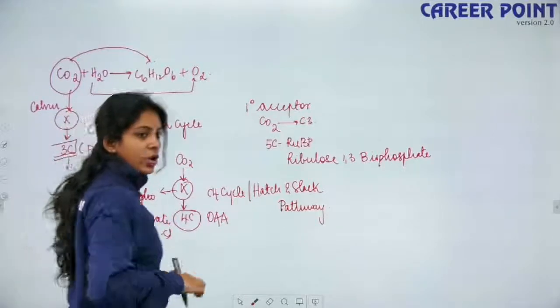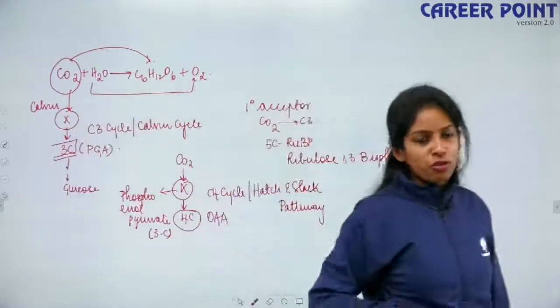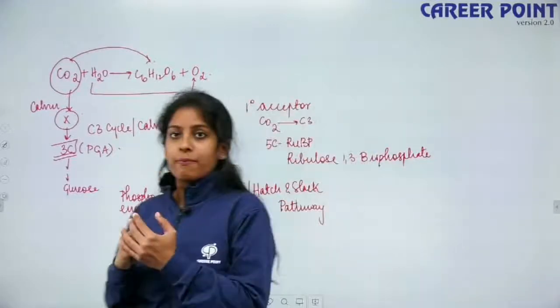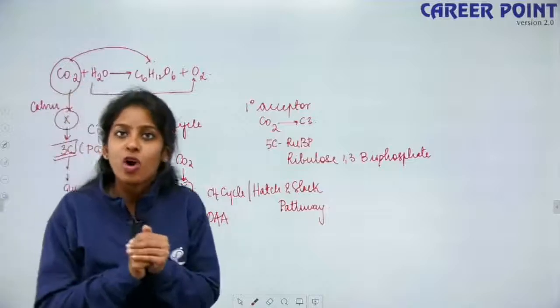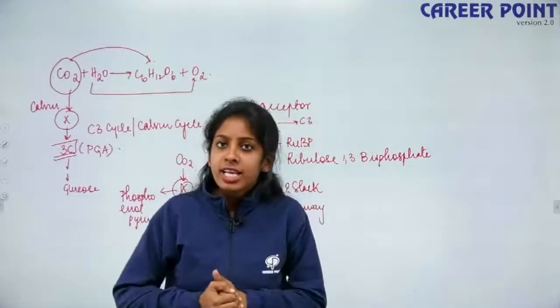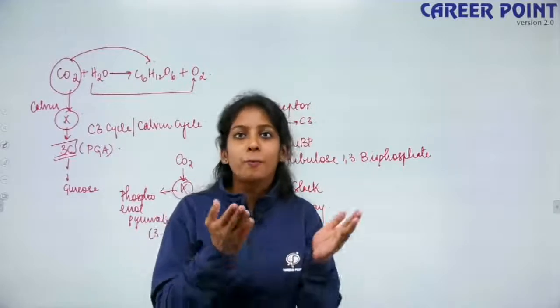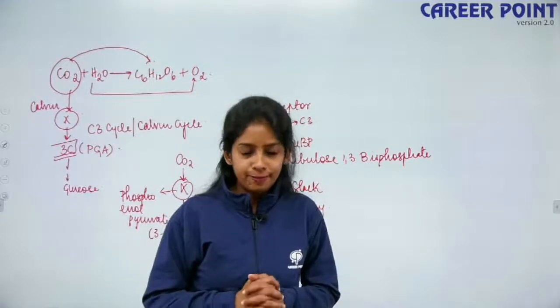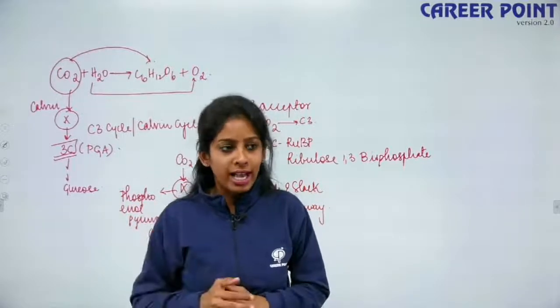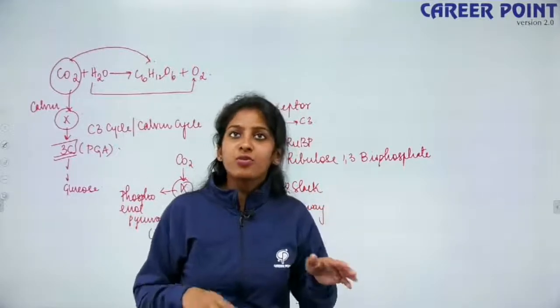So once again, you have two types of plants, C3 and C4. When carbon dioxide is accepted, if the first stable compound formed is a 3-carbon compound, that is your C3 cycle. If the first stable product is a 4-carbon compound, that is your C4 cycle. What is the C3 product formed? Phosphoglyceric acid. What is the C4 product formed?